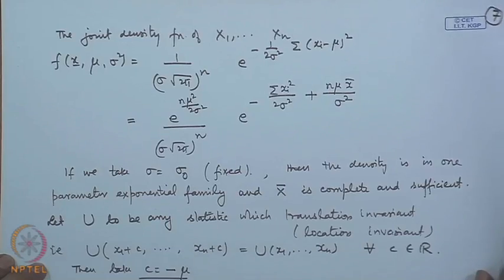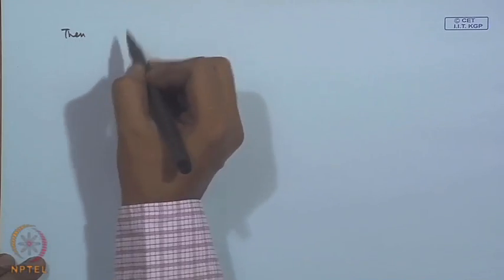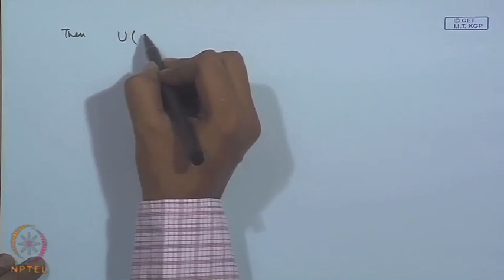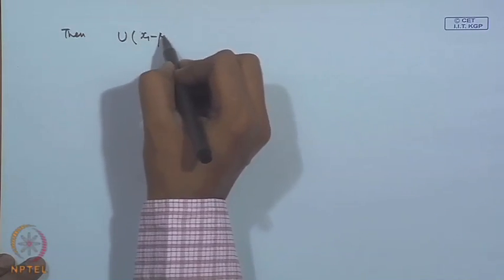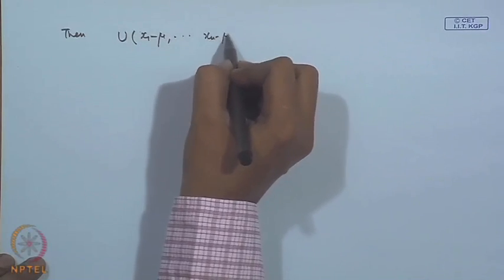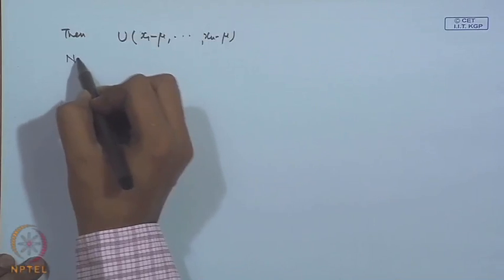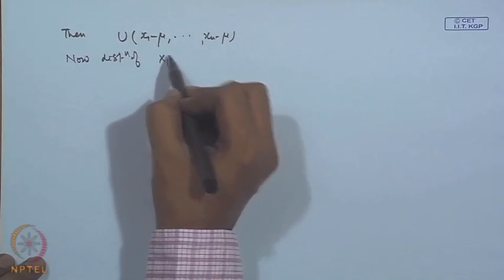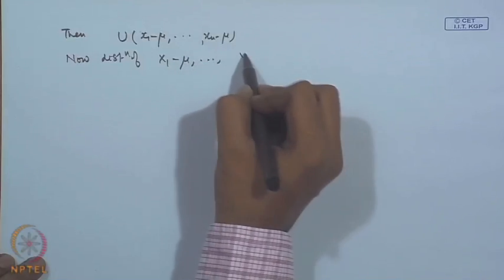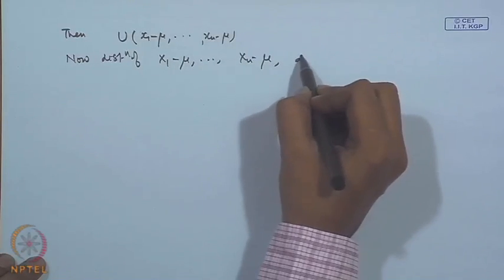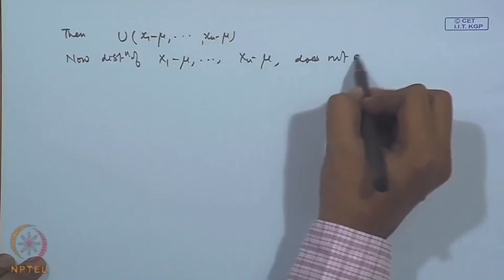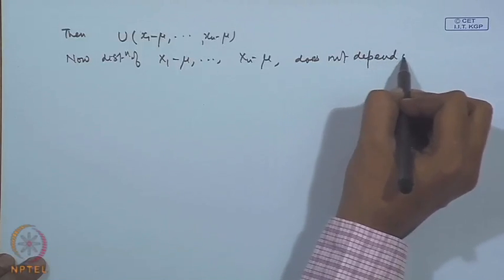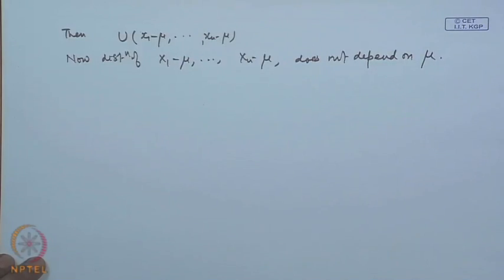If I do that, then this becomes a function of x 1 minus mu and so on x n minus mu. Now, the distribution of x 1 minus mu, x 2 minus mu, x n minus mu does not depend on mu. Okay.